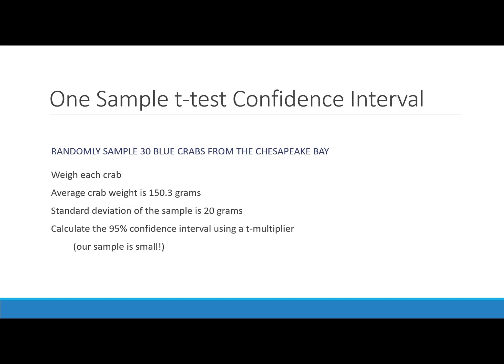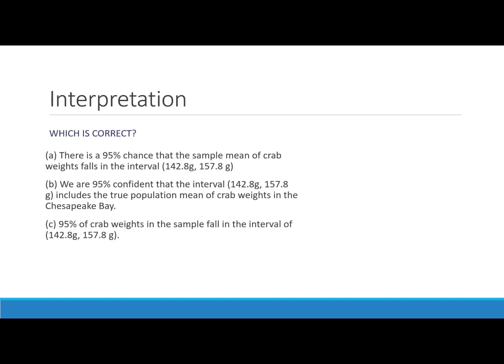So go ahead and calculate the 95% confidence interval using a t multiplier. Again, we do this because one, we do not know the standard deviation of the population, and two, our sample size is quite small. So please pause the video and calculate the confidence interval of the weight of the crabs for a one sample mean.